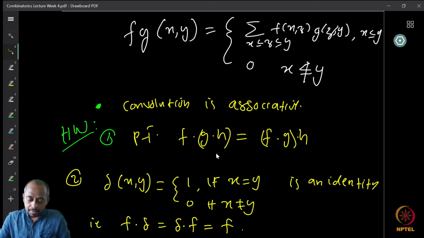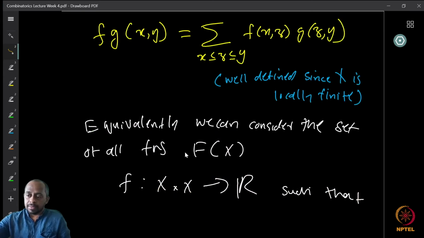That proves the associativity for f, g, and h in our F(X). Again, without mentioning it, I just assumed the field here to be R. We can assume it to be C also, or in fact any field, but for our purposes, it will be sufficient to assume it is either R or C.